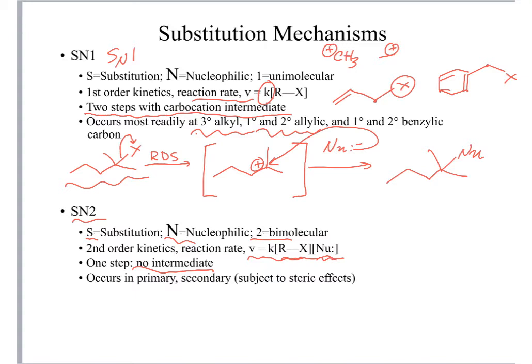This reaction is subject to steric effects, and therefore it occurs most readily at primary and some secondary alkyl halides. So these reactions are favored for methyl halides and primary alkyl halides.